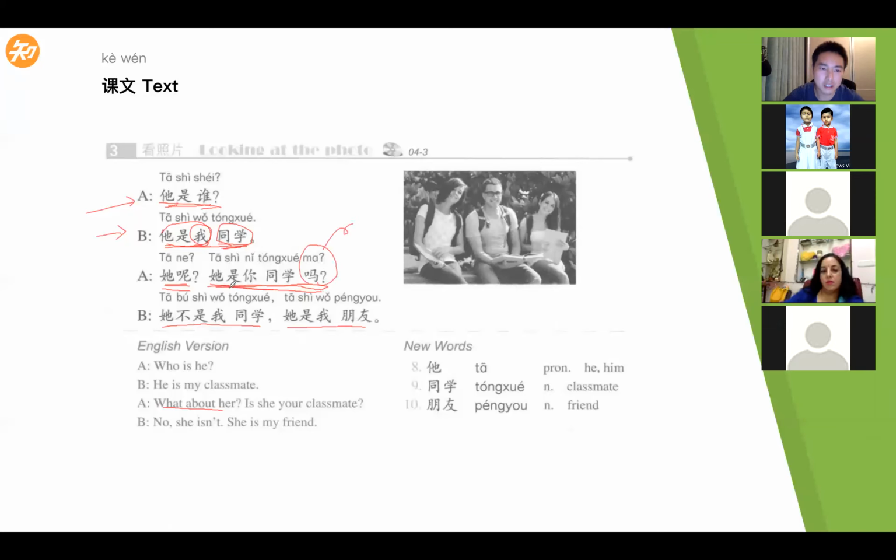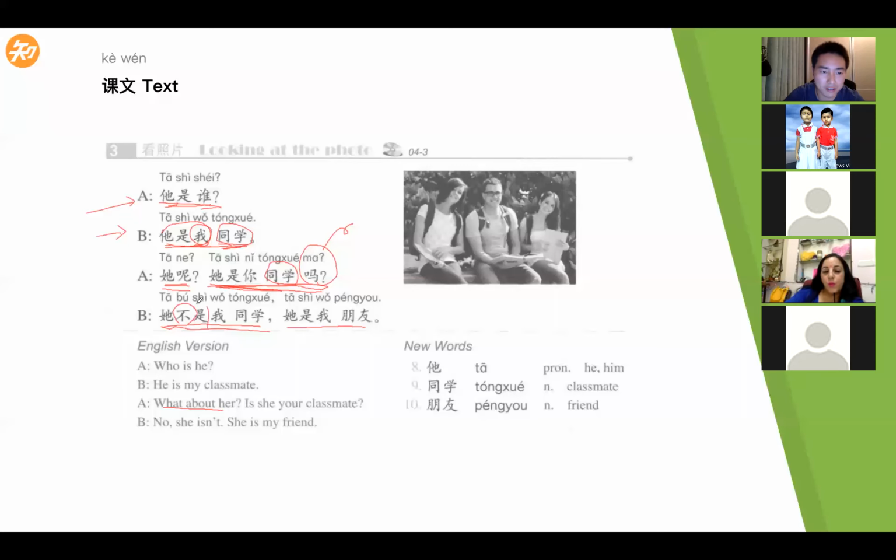So 她是你同学 means she is your classmate. Ma becomes the question, so it becomes is she your classmate? Then Arvinda answered, 她不是我同学. Here, 不. Pay attention to the pronunciation.